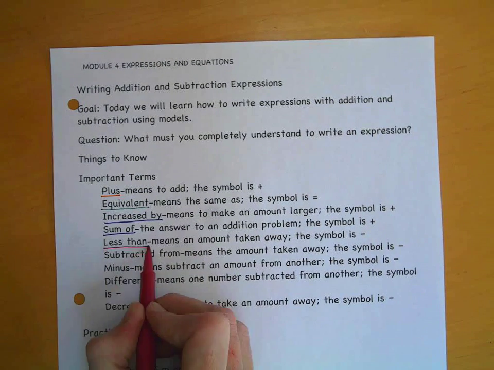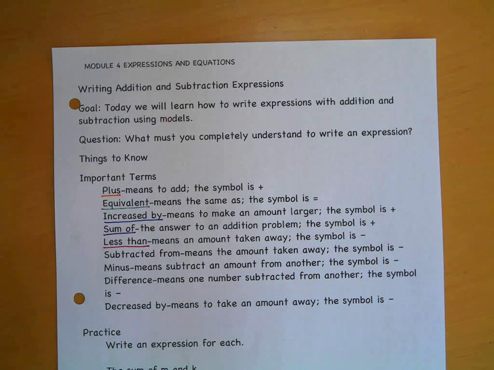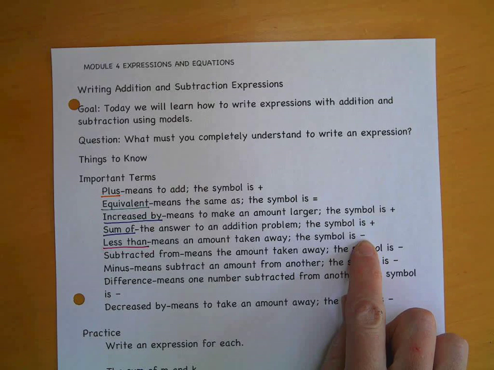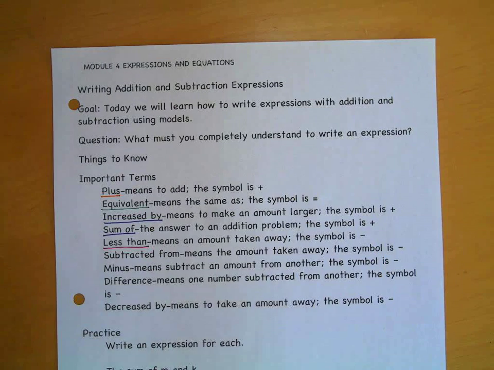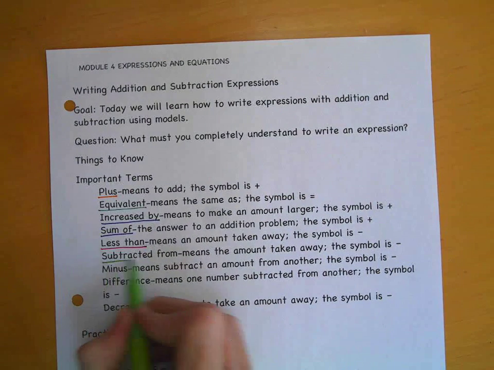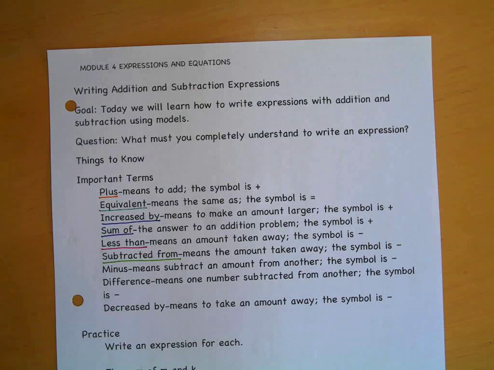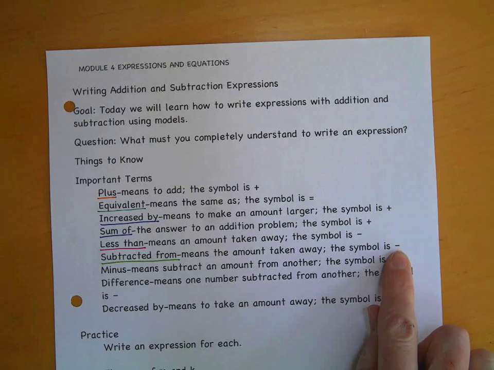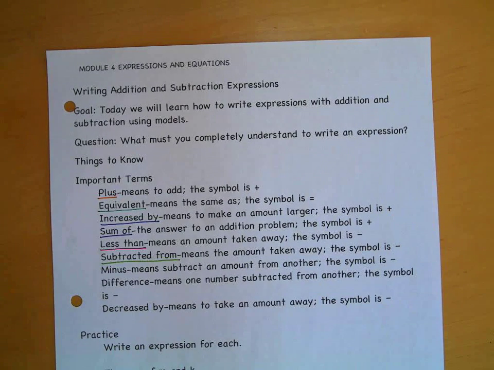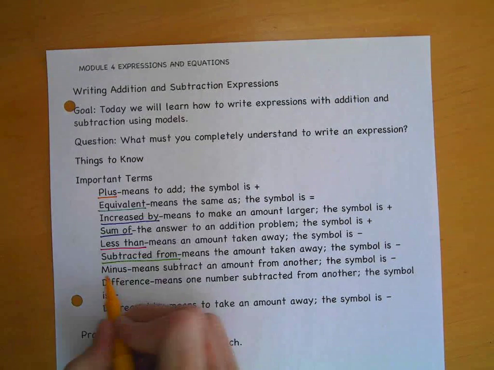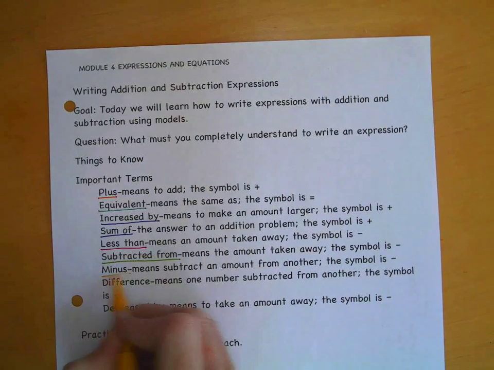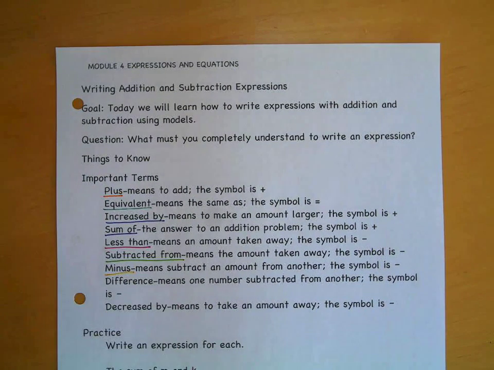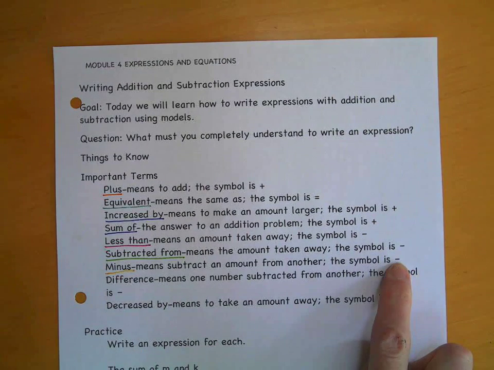Less than means an amount taken away, and we use the symbol that looks like that. Subtracted from means the amount taken away, and we use a symbol that looks like this. Minus means subtract. Okay, minus means subtract an amount from another, and the symbol looks like this.